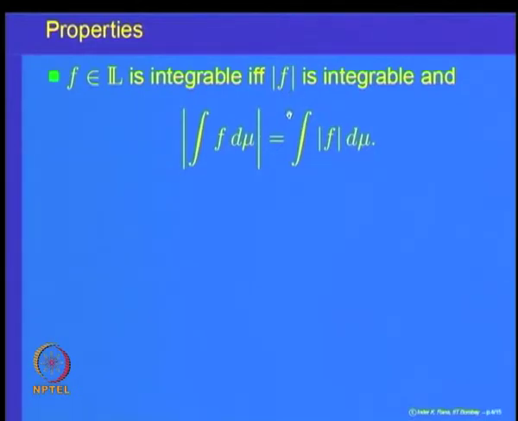And in that case, and this is always true, for an integrable function, the mod of the integral of f d mu is less than or equal to the integral of mod f d mu. So, this is an important criterion. This is an equivalent way of defining integrability of a measurable function, namely mod f is integrable.